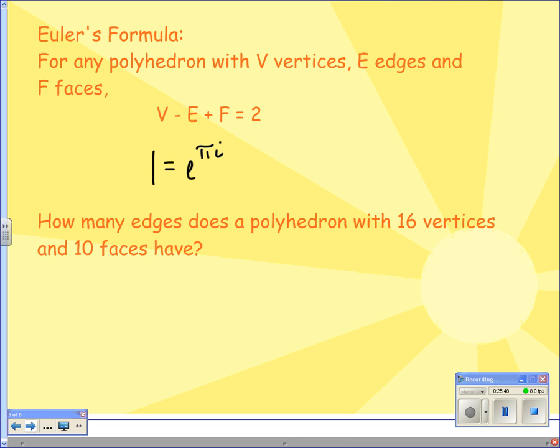All right, how many edges does a polyhedron with 16 vertices and 10 faces have? What would you have to do?